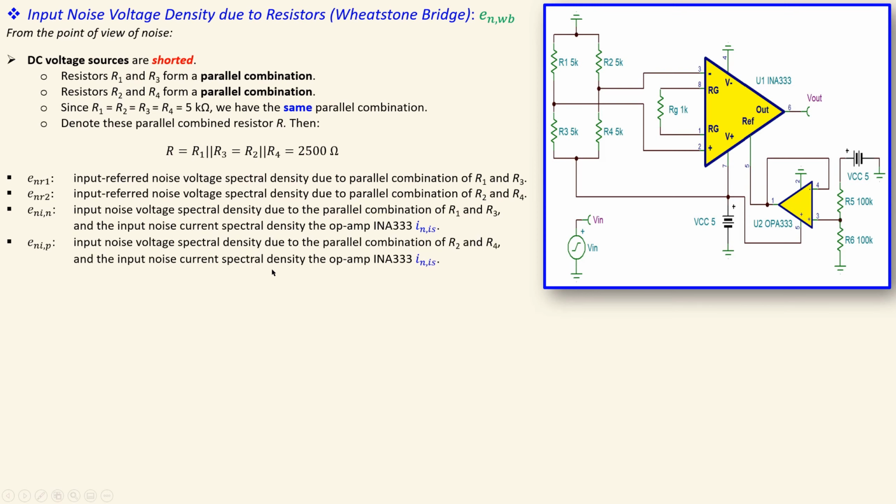And we have also the contribution due to the two resistors in parallel and also due to the noise current source of the instrumentation amplifier. So we have four elements in this Wheatstone bridge.